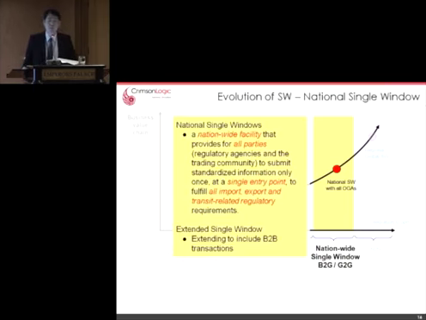So for nationwide single window, there's an idea to extend it, because the single window is a B2G portal. There are many countries moving towards integrating B2B to that as well, including Trade Exchange of Singapore, DTTN of Hong Kong, and uTradeHub of Korea.